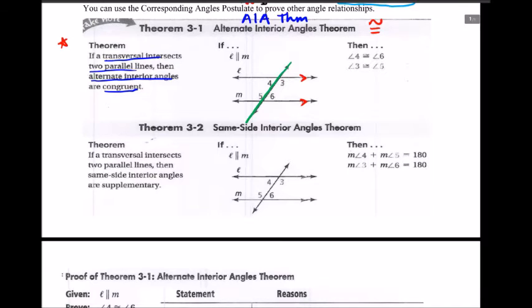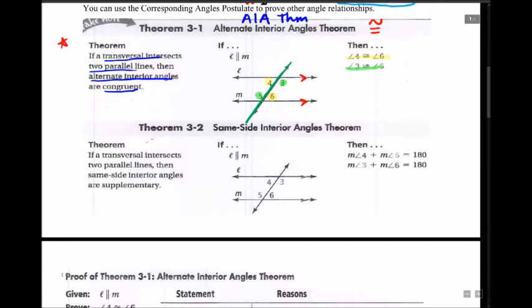So who are our alternate interior angles? Well, angle 4 and angle 6 are alternate interior angles. So I can say angle 4 is congruent to angle 6. And angle 3 and angle 5 are also alternate interior angles. I can say angle 3 is congruent to angle 5.